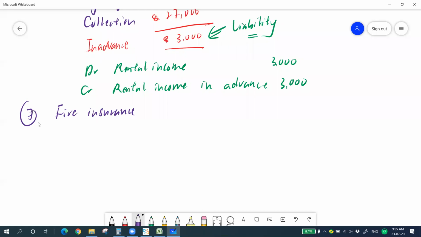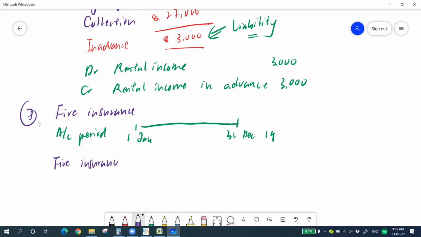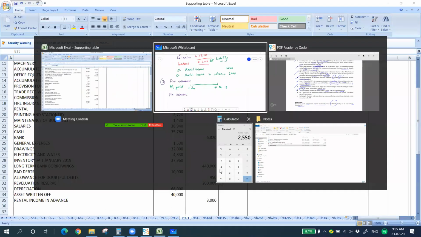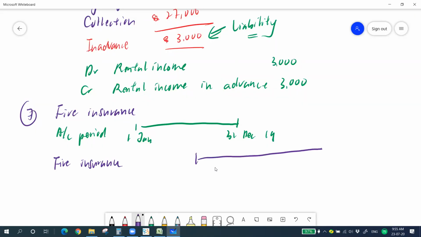First we need to identify the accounting period. The accounting period starts from 1st January to 31st December 2019. But the fire insurance covers from where? 1st October 2019 up to 30th September 2020.